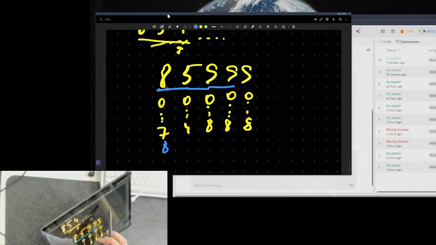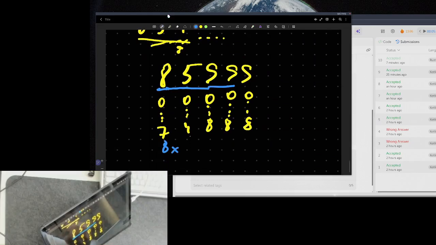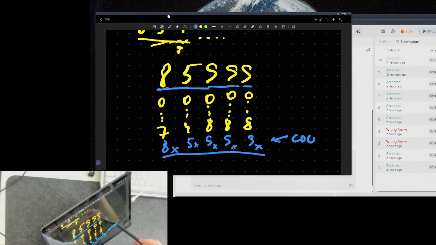We haven't explored these last digits. So after the loop we have this as prefix, and if it's okay we are counting it, so count plus 1 if it's okay.